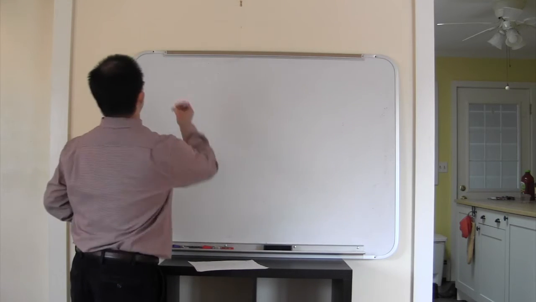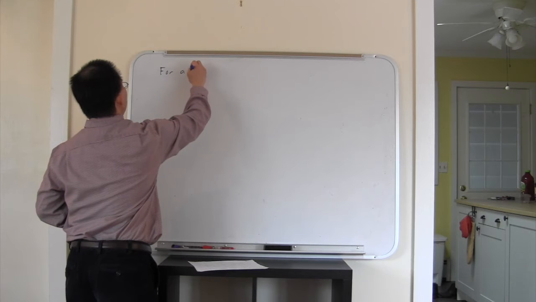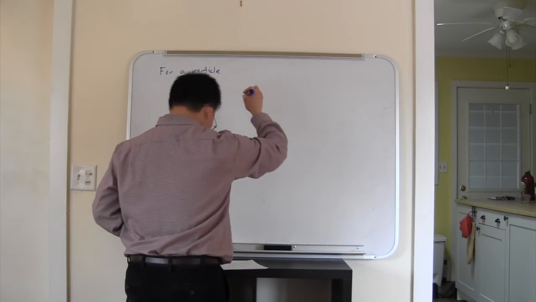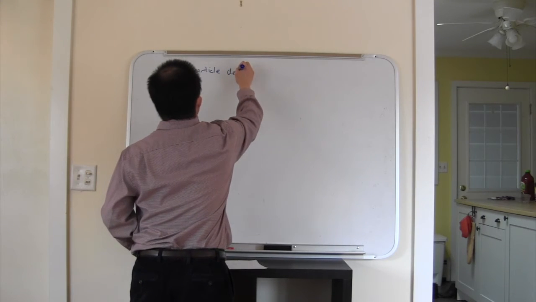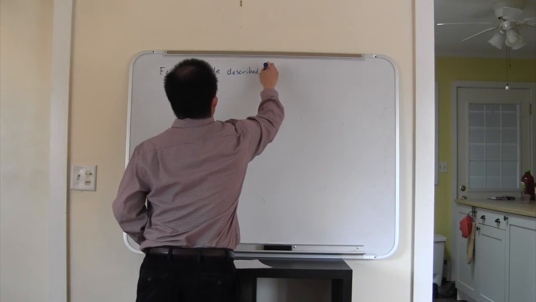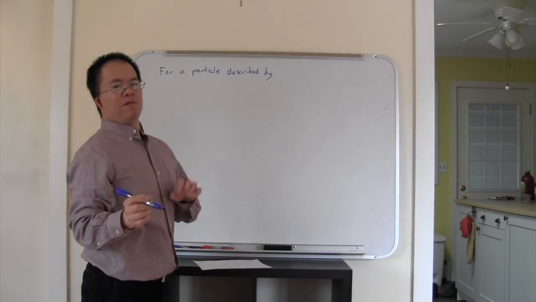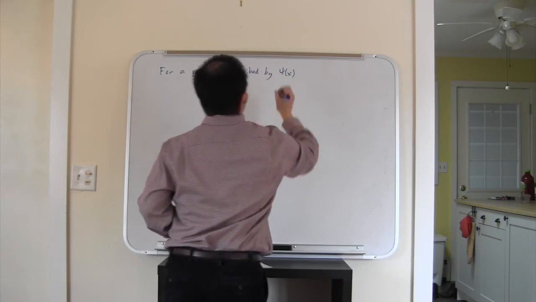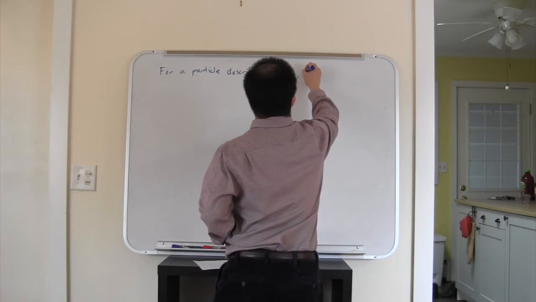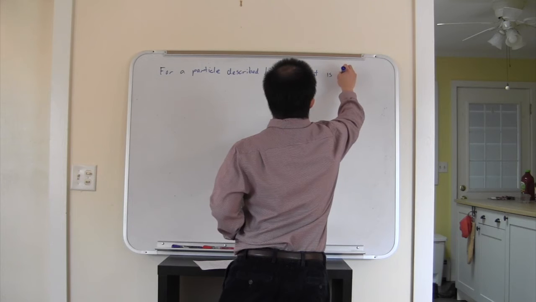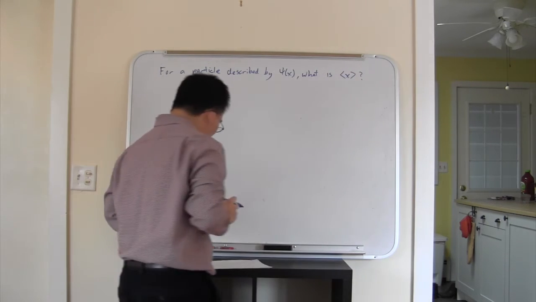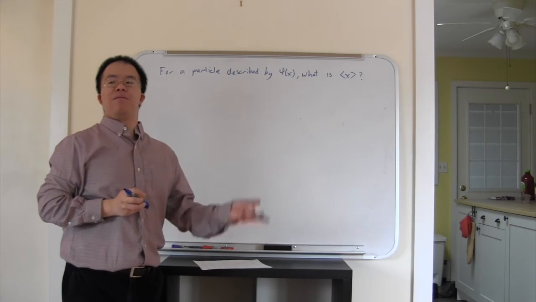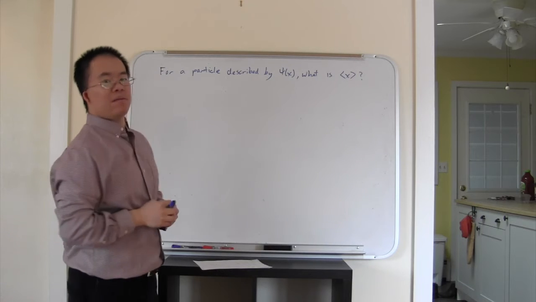So for a particle that's described by some wave function, and I'll just write psi of x here because we're not going to pay attention to the time dependence for now, what is the average value of x? Well, we just have to generalize the concept of the discrete case that we just talked about.